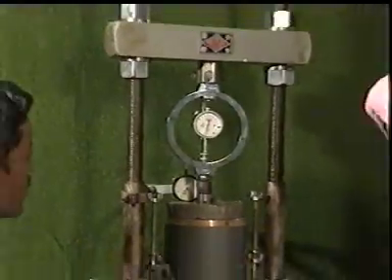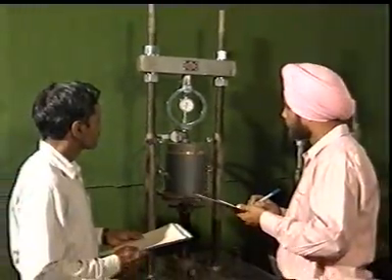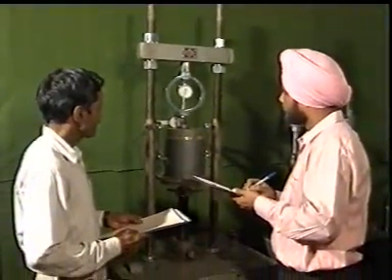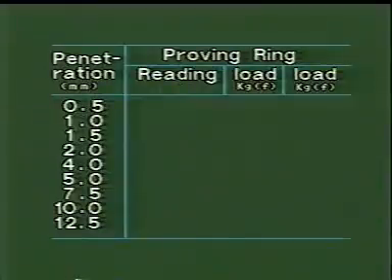Note down the readings on proving ring corresponding to a penetration of 0.5, 1, 1.5, 2, 2.5, 4, 5, 7.5, 10 and 12.5 millimeters.